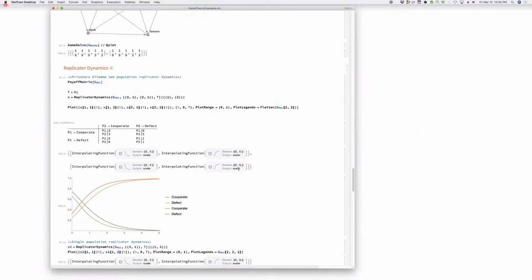Okay, so here we have Replicator Dynamics, which is something used in evolutionary game theory. The main point is that you can imagine there are replicators which are using given strategies.